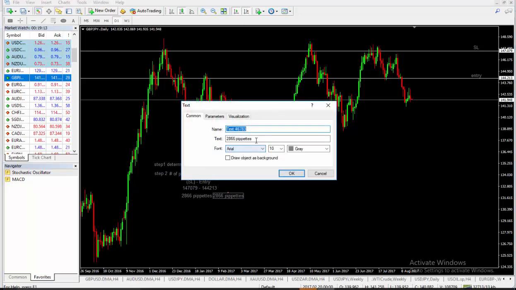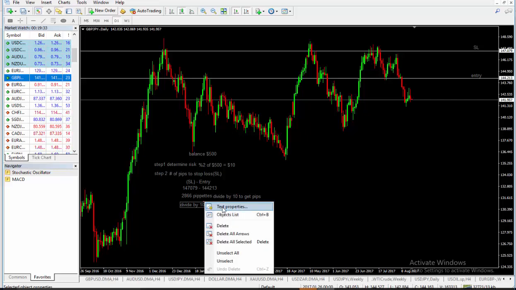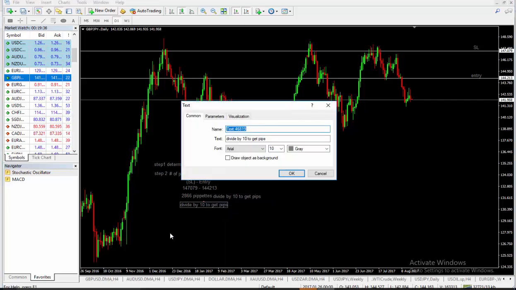Alright, so always divide it by 10 to get pips. Always. That doesn't change. Alright guys, so there it is. You divide that by 10 to get it into pips, which should give you about 286.6.